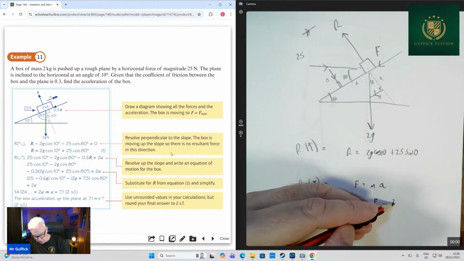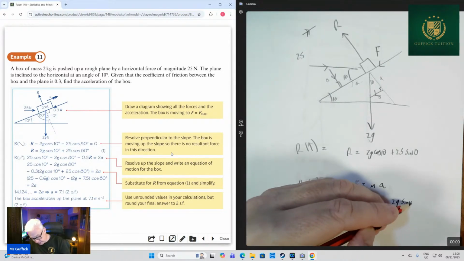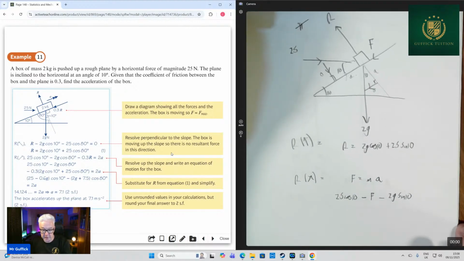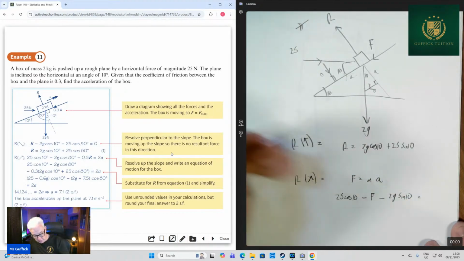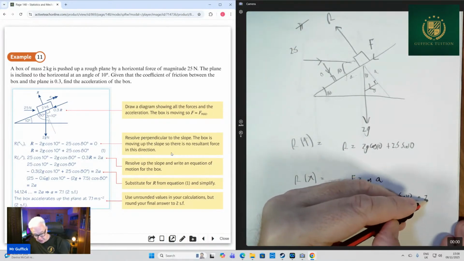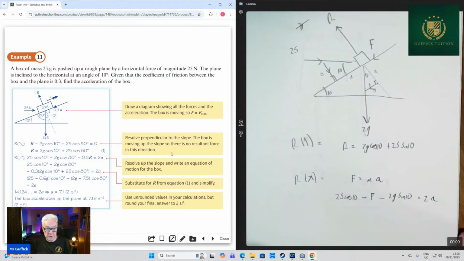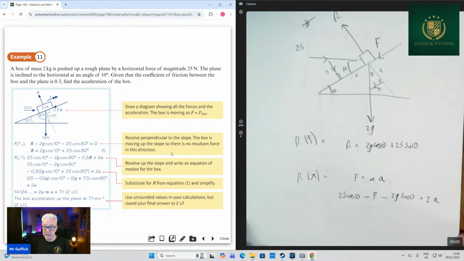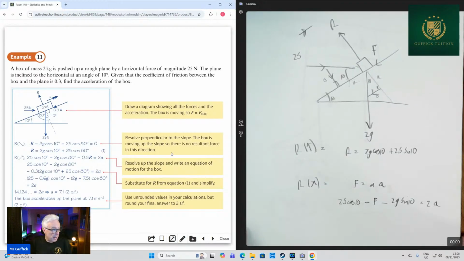So that is 2g times sine of 10, which they've written as 2g cos of 80, but that's the same thing as sine of 10, is equal to the mass, which is 2, times the acceleration, which is what we're trying to find. Okay, that's perfect. So now we've resolved perpendicular to the plane and we've resolved up the plane.